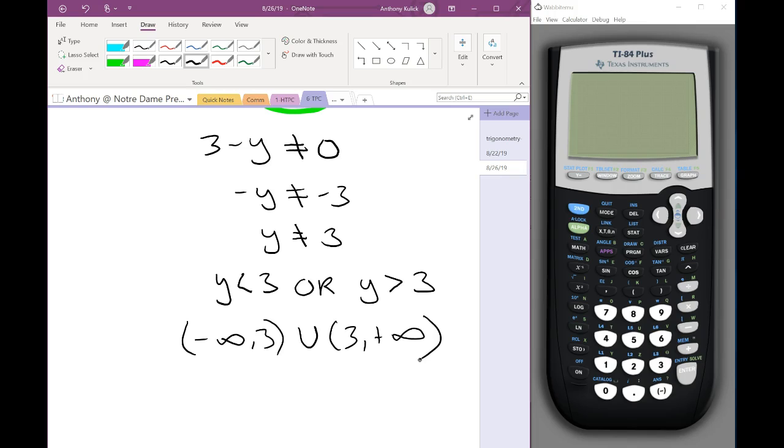Oftentimes it's helpful to look at the graph first, and if you're not sure what's going on, as in this previous example where it was a little bit ambiguous in terms of the y value that was missing, doing the by hand method is often informative as to whether that's one value that's missing or multiple y values that are missing, right? Is everybody okay with that idea? Good.